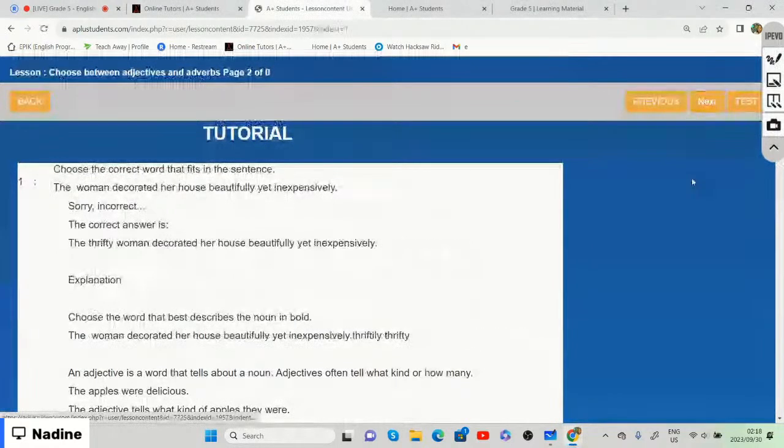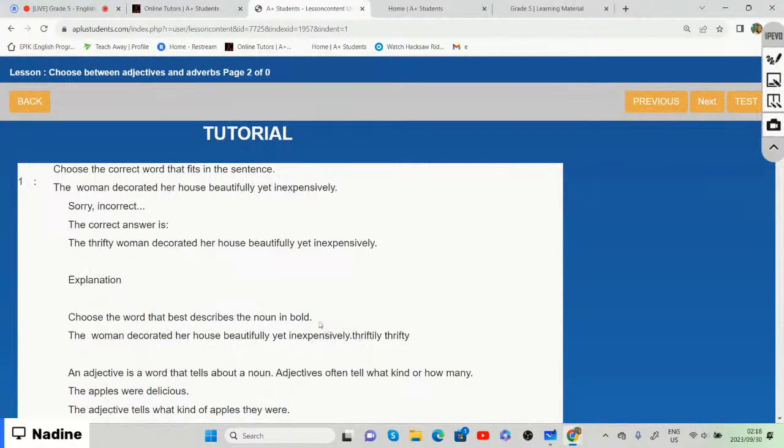All right. The woman decorated her house beautifully yet inexpensively. So we need to choose the word that best describes the noun. The woman decorated her house beautifully, yet inexpensively.